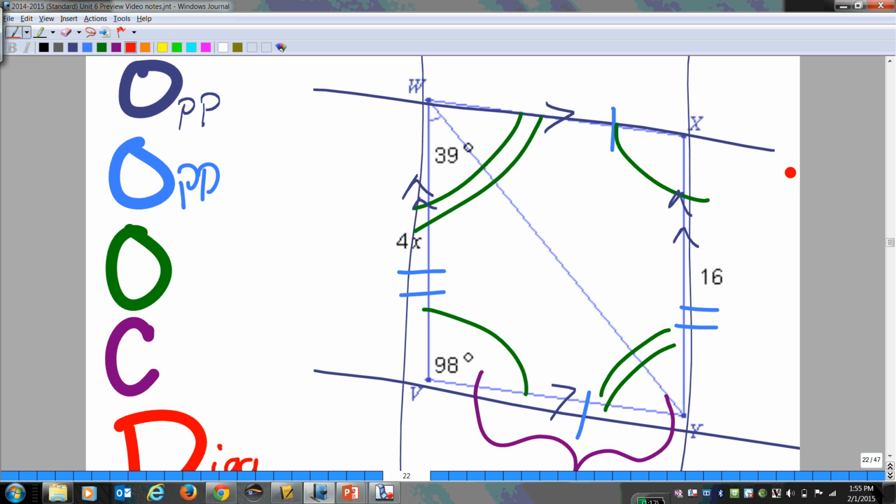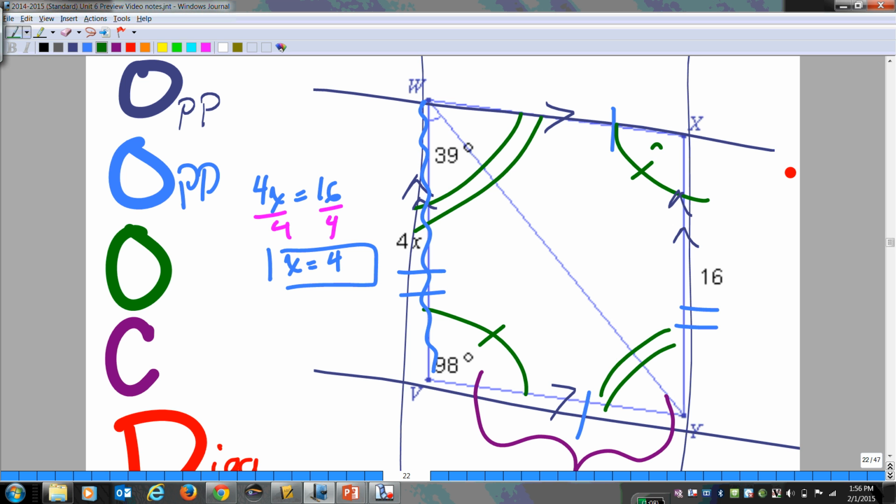The first one is this. Opposite sides are equal. So I know this length of 4x is equal to this length, which is 16. So there's one variable there we figured out: x equals 4. Opposite angles being equal, if this is 98, back here this is 98.